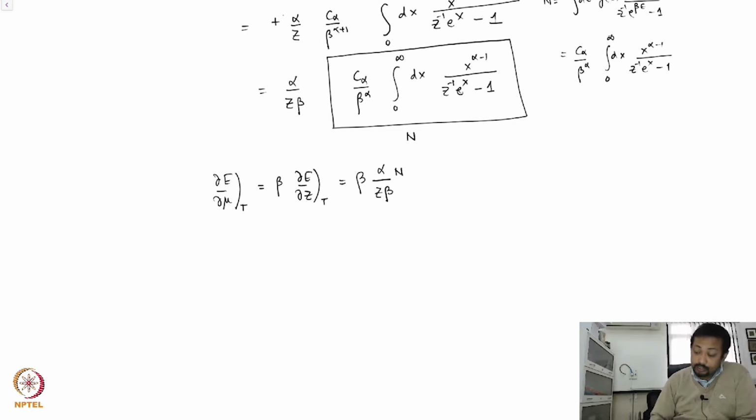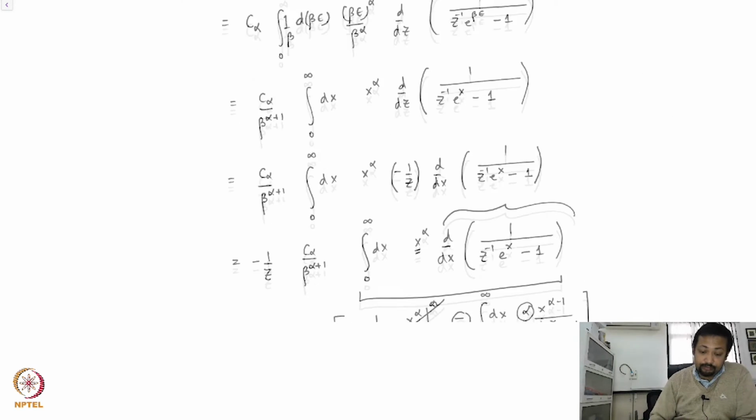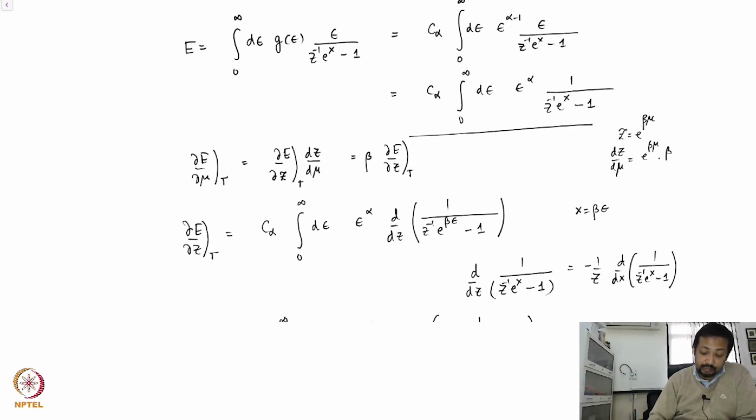So this looks slightly suspicious because in the denominator I have a z, so we go back and see where we have made the mistake.